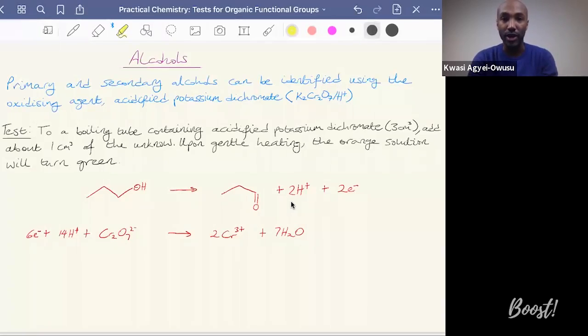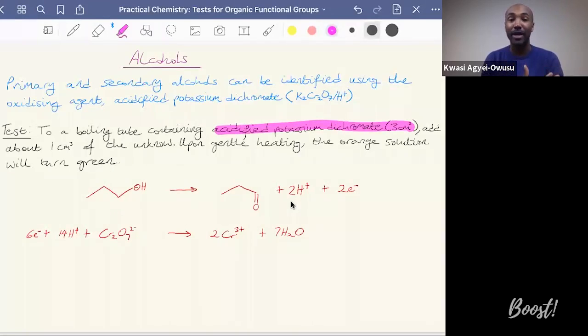Okay, so let's look at this way of distinguishing primary and secondary alcohols from tertiary alcohols, which do not react at all and can't be oxidized. In this test, you're going to add acidified potassium dichromate, about 3 centimeters cubed of it, to a boiling tube.